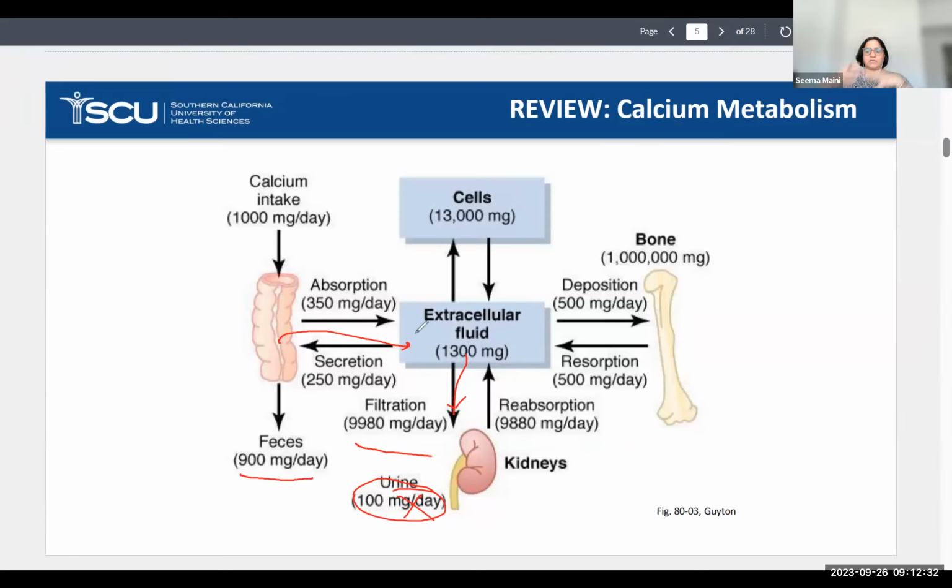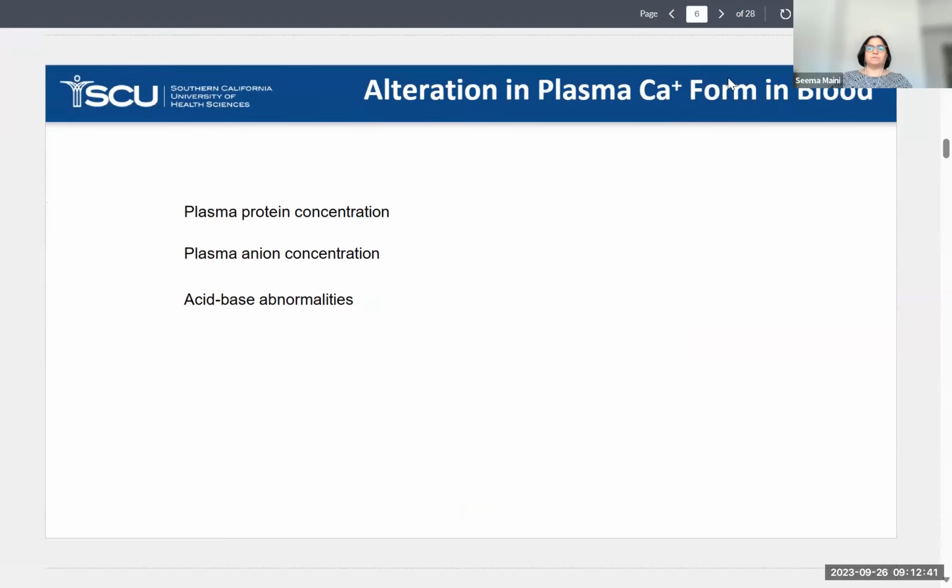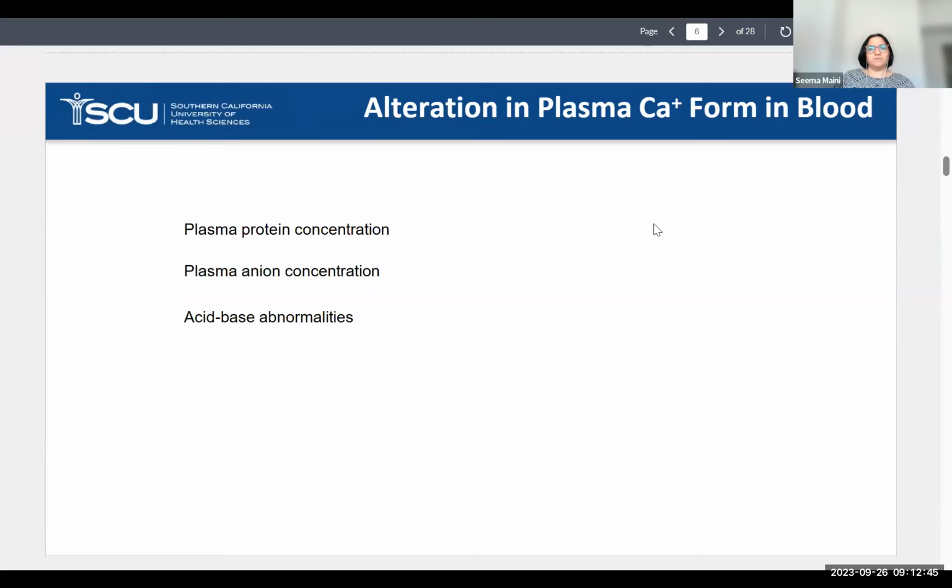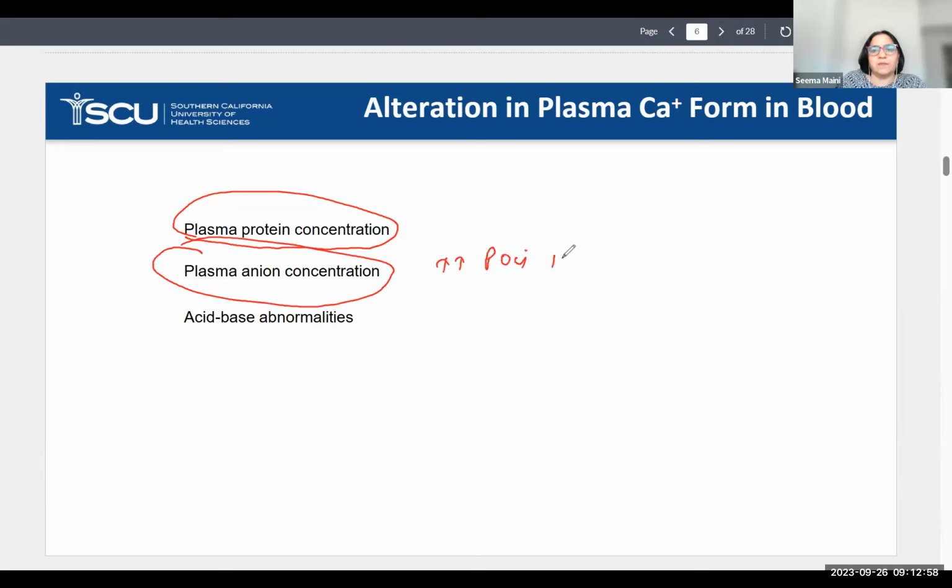So there is this precise balance in the calcium ion concentration in the plasma. That means anytime there are changes in the plasma protein concentration or plasma anion concentration, if you have excess of phosphate ions, there is going to be relative deficiency of free calcium ions.